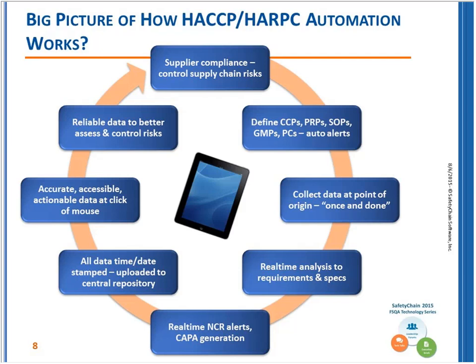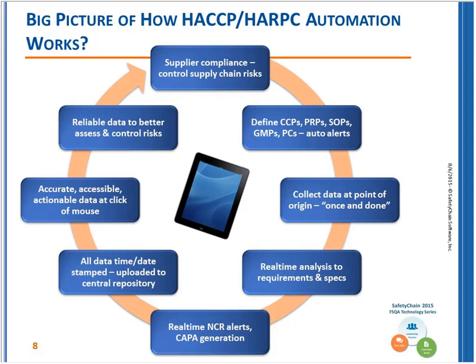Dan, you mentioned earlier supplier compliance and supply chain controls. Your HACCP plan, a lot of times, is about the plant, but you still have to make sure that the supplies coming in are compliant, and there's a lot of automation that takes place there.